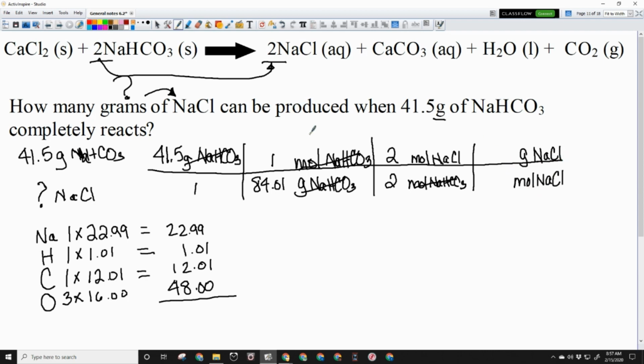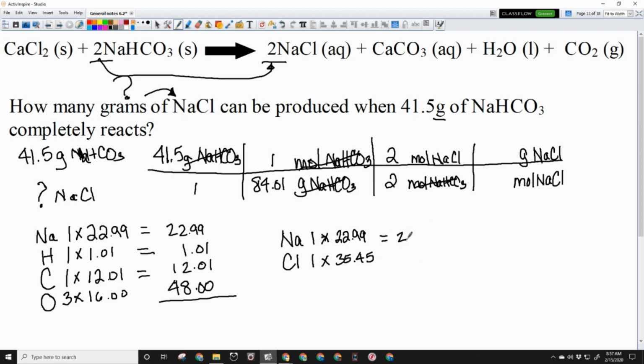How do we go from moles to grams? Again, looking at the mole map, we're going to have to use the molar mass. So I need the molar mass of sodium chloride. In sodium chloride, I have 1 mole of sodium and 1 mole of chlorine. 1 mole of sodium is, we looked that up a moment ago, 22.99 grams per mole. Chlorine is 35.45.